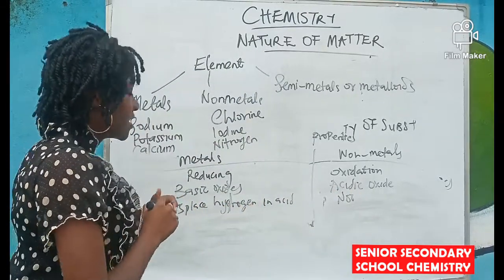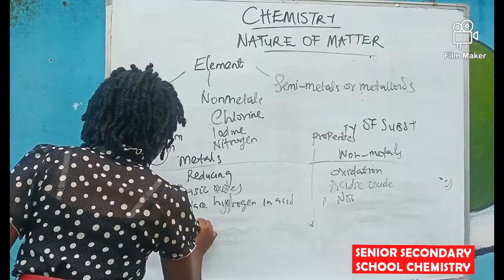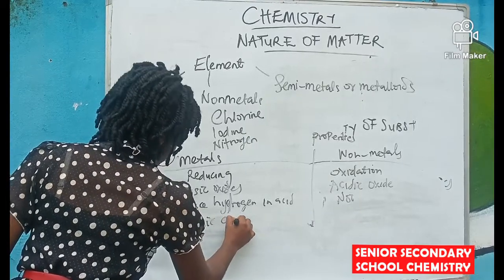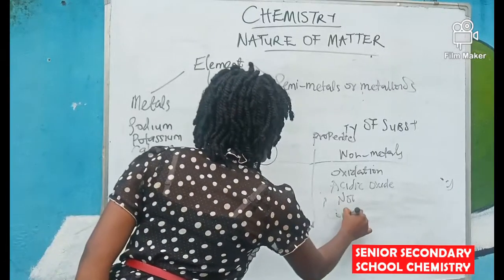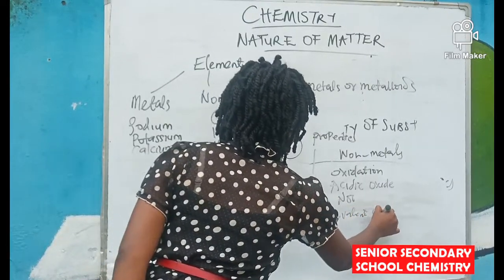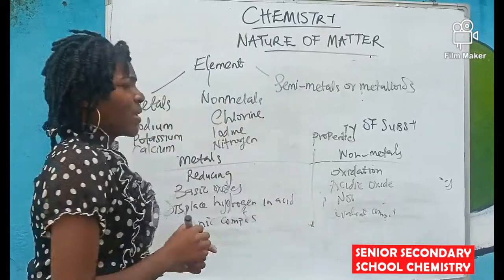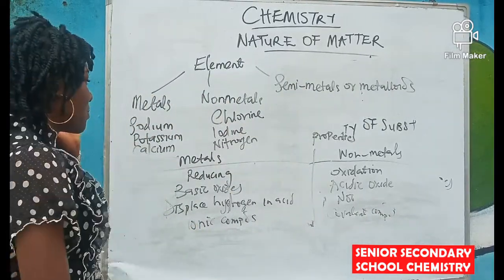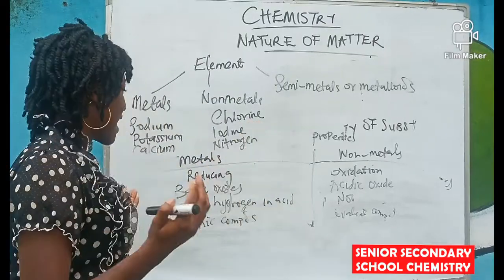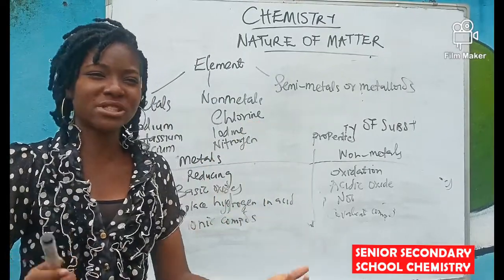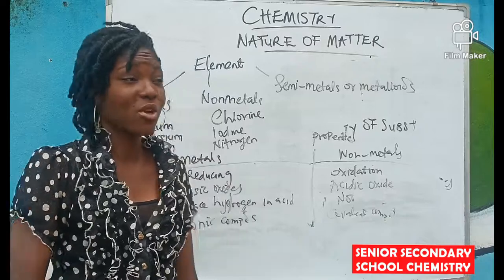And finally, metals form ionic compounds, while non-metals form covalent compounds. Okay, so both metals and non-metals can undergo polymorphism or allotropy.